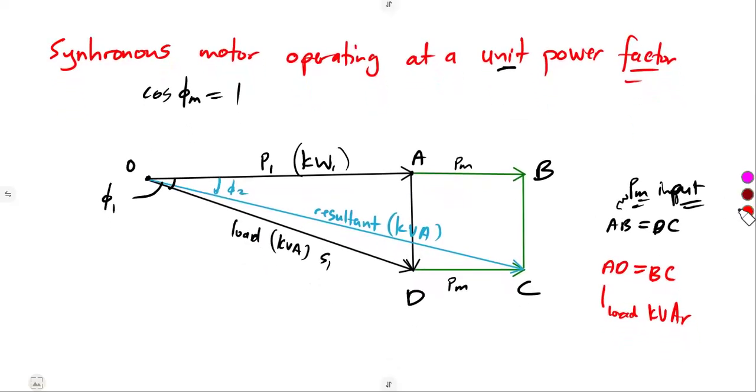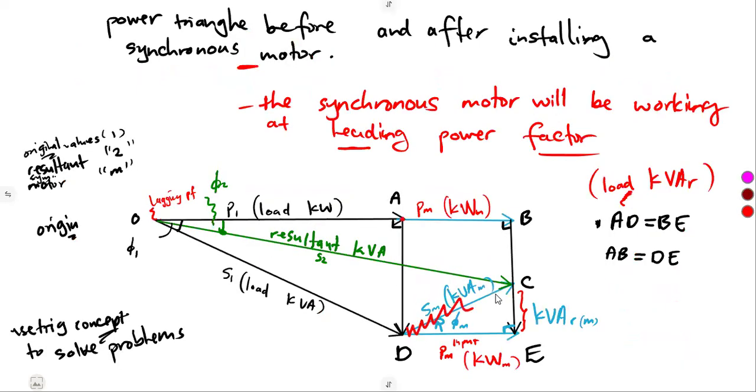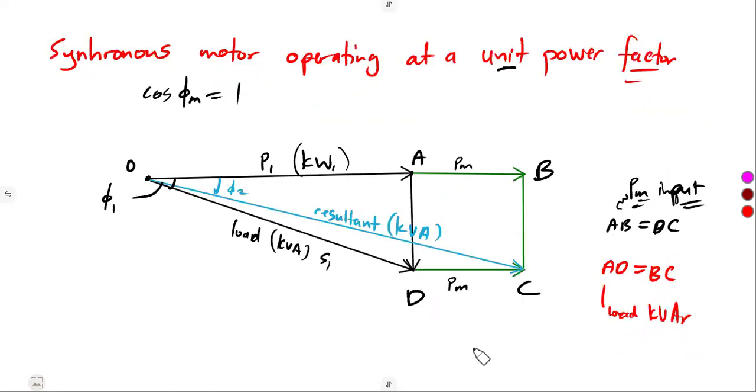So a unity power factor, like I explained, occurred because of this SM being equal to what? To PM. That is the consideration. So it is a condition where SM is equal to PM. Remember, PM is the power of the motor, which represents the kilowatt of the motor. What about SM? That is our apparent power, which is the kilovolt ampere of the motor.